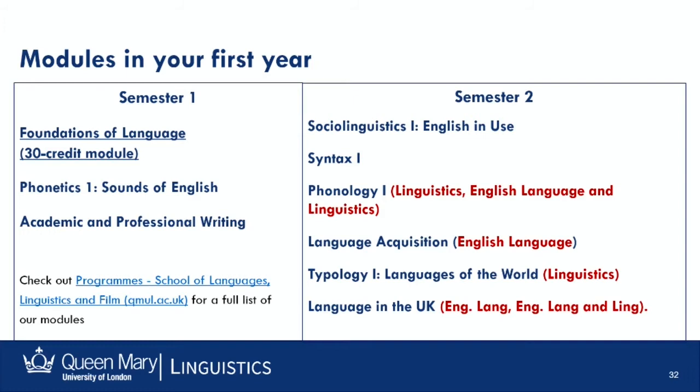But depending on which of the single honors degrees you're in, you're going to be doing either Phonology 1, which is Introduction to Sound Systems, or Language Acquisition, or looking at the world's languages and what's common and different between them, or Language in the UK, right? So this is where our single honors degrees differ a little bit, in terms of what is required of you.